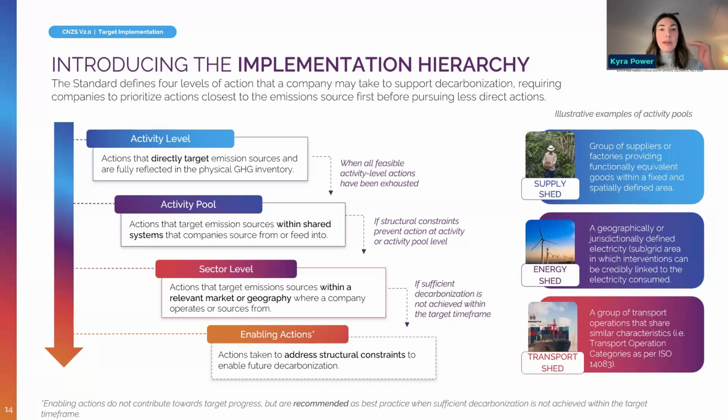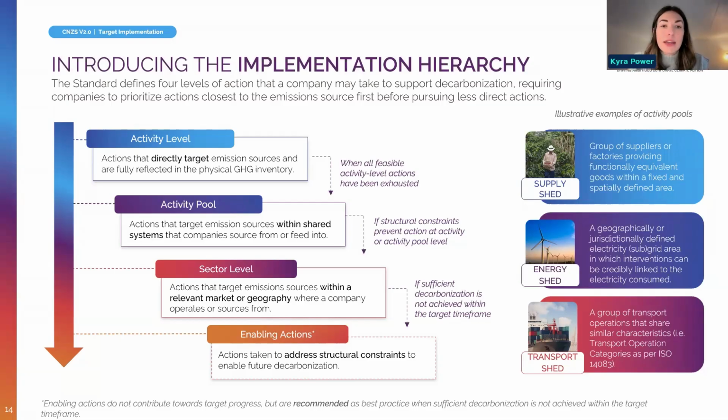Companies begin at the top of the hierarchy at the activity level, pursuing any and all actions that directly target emission sources where those reductions would be reflected in the physical inventory. When a company has taken all feasible actions at the activity level, and it's worth noting that feasibility is defined in the standard, but could be subject to additional guidance, they can then proceed to take action at the level of the activity pool.